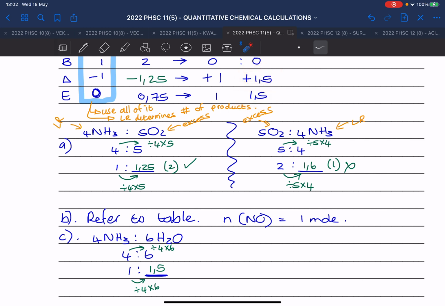So you can either do it in the table or you can show it step by step like that. Now they ask at question D.